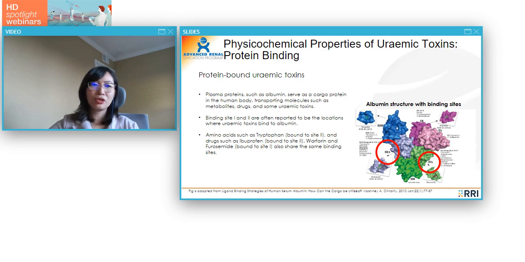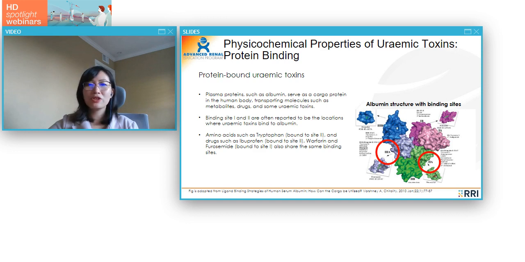In most literature, the binding sites are 3A and 2A, as you can see circled in red on this figure. They are also called Sudlow drug binding site 1 and 2. They are the primary binding sites for uremic toxins.